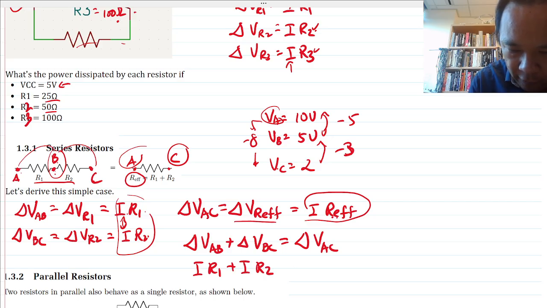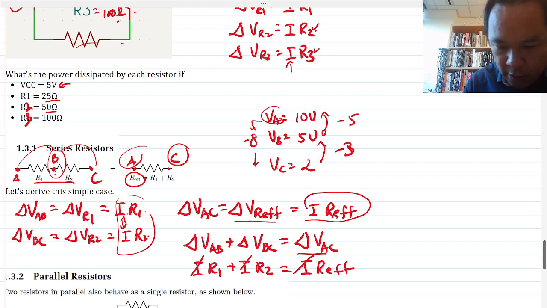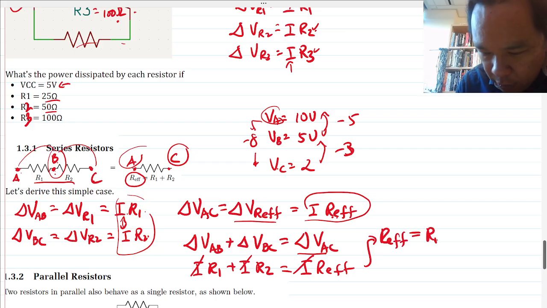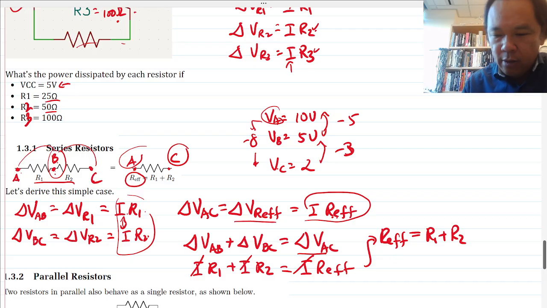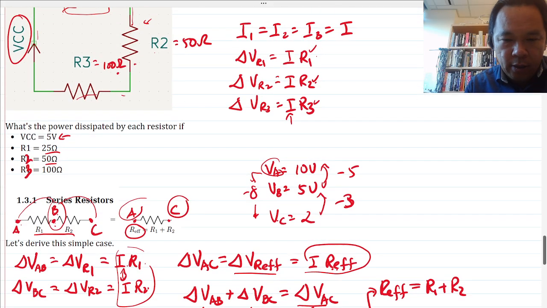And R effective times I gives you the AC part. All of these I actually cancel out. So basically you get the equation that R effective, or R equivalent, is R1 plus R2. In the homework, you're going to do the same thing, where you can do the R3 also, but I'll save you and let you guys do that instead.